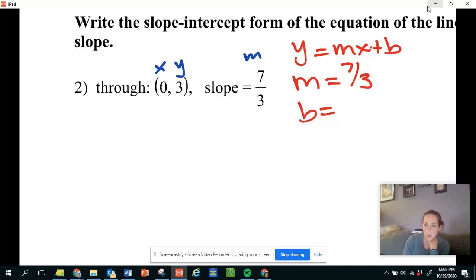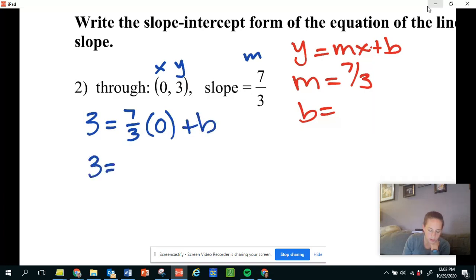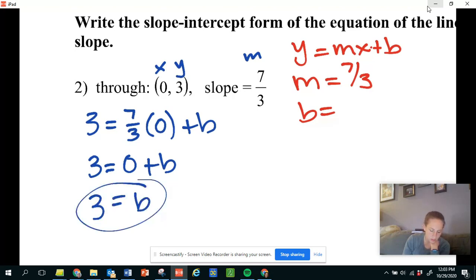So I can put that into y equals mx plus b and then solve for b. So I've got 3, and then m is 7 over 3. X is 0. So I get 3 equals 0 plus b, because anything times 0 is 0. Normally I would subtract on both sides to get b by itself, but since 0 isn't anything, b just equals 3.